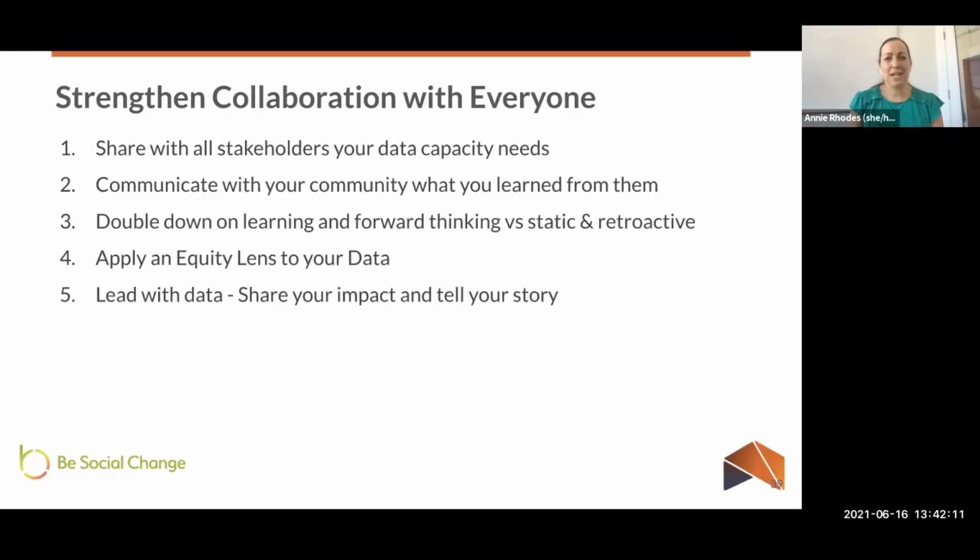Really embracing your data strategy can really change the way your organization is run, but your stakeholders need to know what you need. Communicate back with your community what you learn from them. Really important for anyone, if you're participating in a survey or feedback, to close that loop.